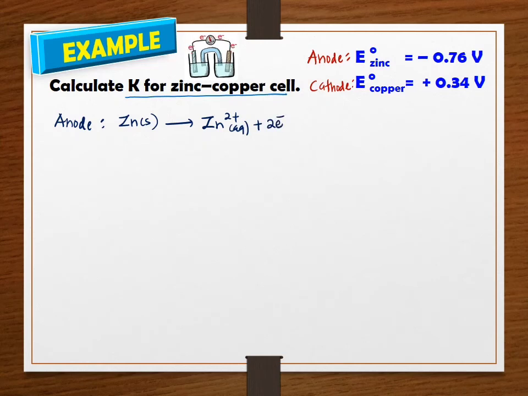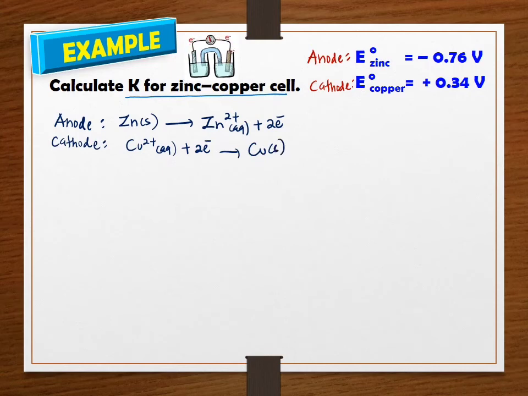Okay, so equation ni sepatutnya you all dah mahir buat lah. Okay, bila ion biasanya dia punya phase adalah aqueous. Okay, and then for cathode kita ada copper. So copper will undergo reduction. So Cu2 plus aqueous will accept 2 electrons, become copper solid.